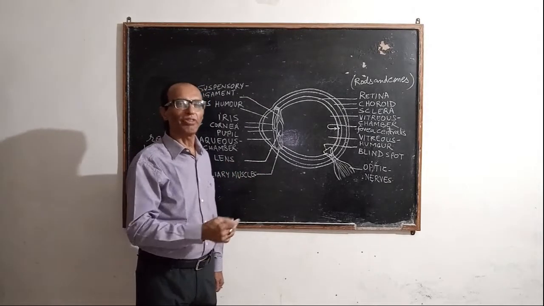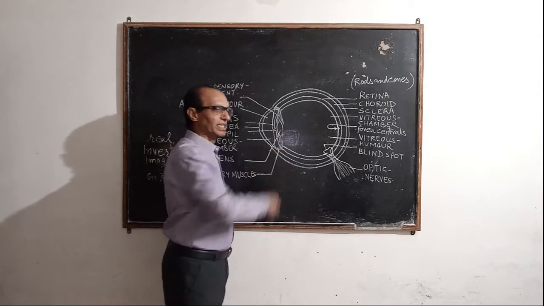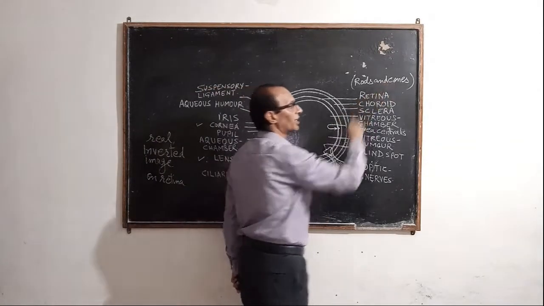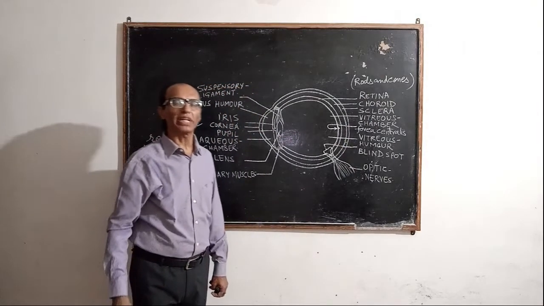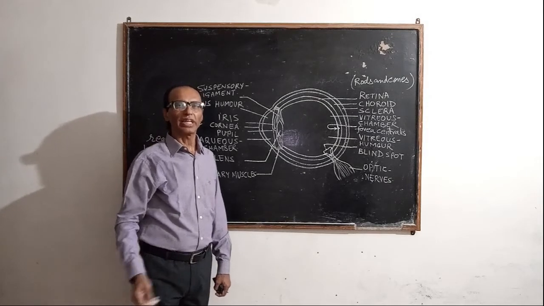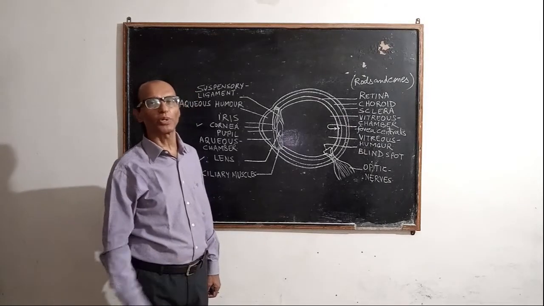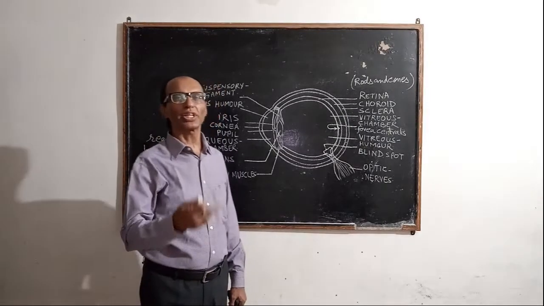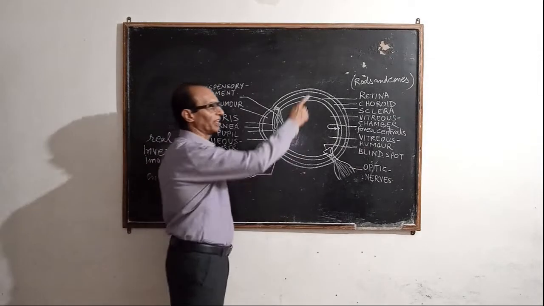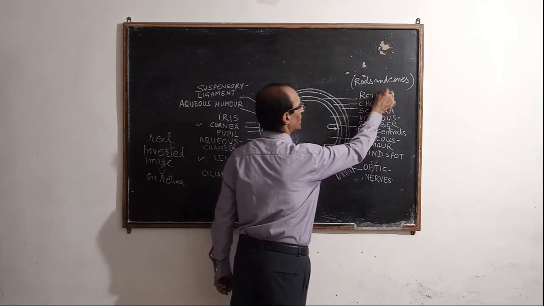It may not be very distinct, but it helps you to see objects in darkness to some extent. Cones are responsible for viewing objects in bright light. They are also responsible for the distinction of various colors. Various colors get distinguished with the help of these cones. That is the rods and cones present in the retina.